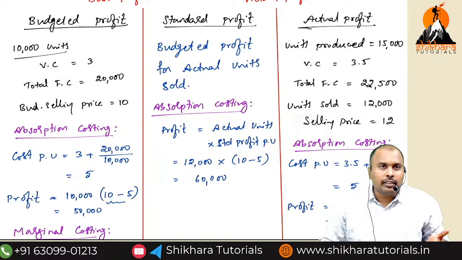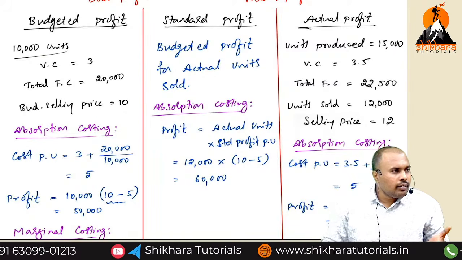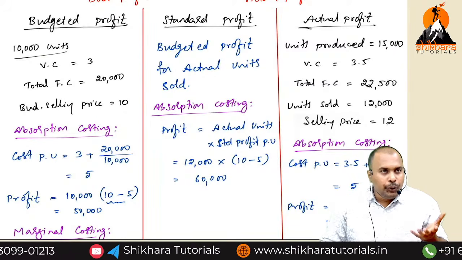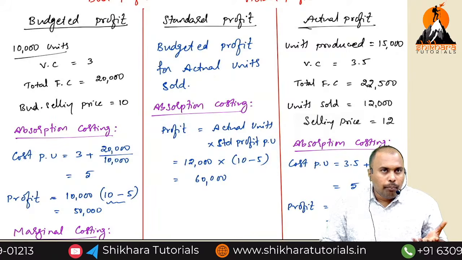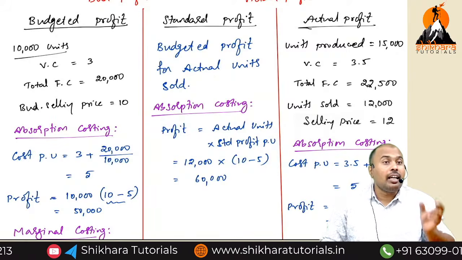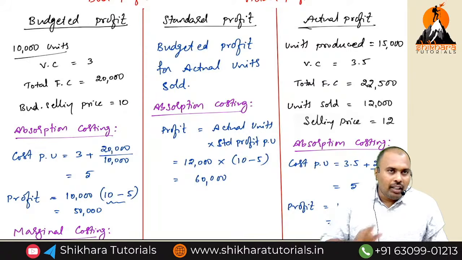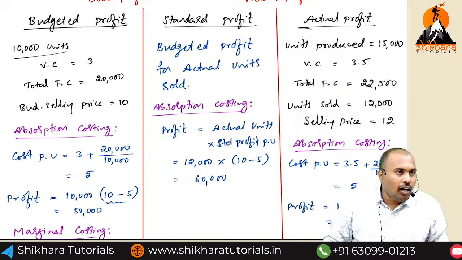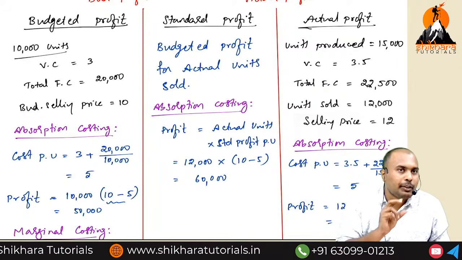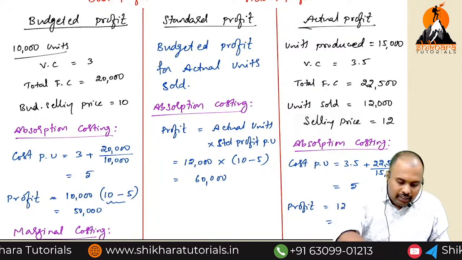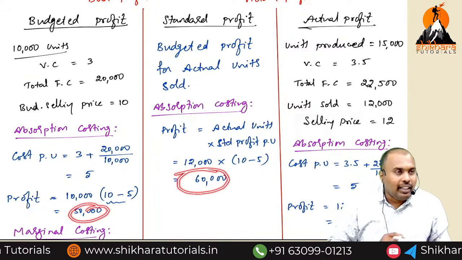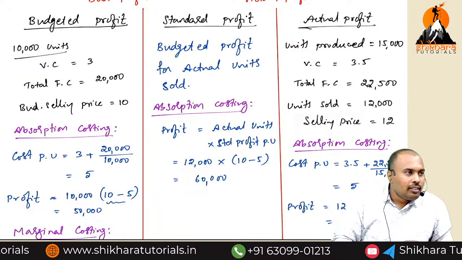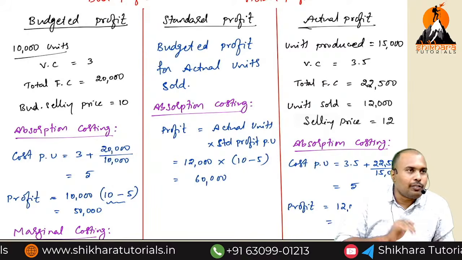Sales volume variance means because of change in units, how much sale amount is changing. What is sales margin volume variance? Because of change in units, how much margin is impacting, how much profit is changing. It means the difference between this profit and that profit is because of sales margin volume variance, not sales volume variance.